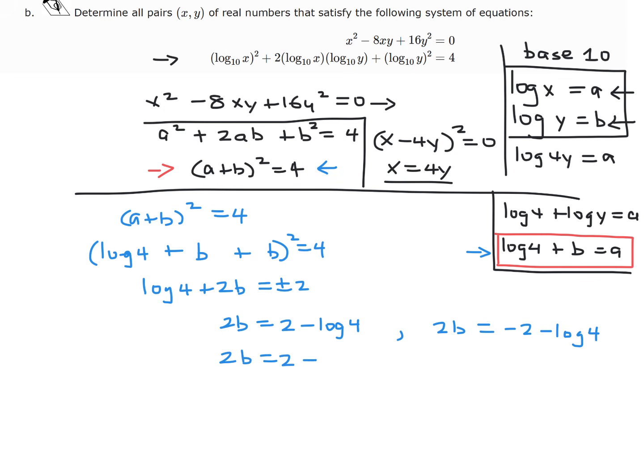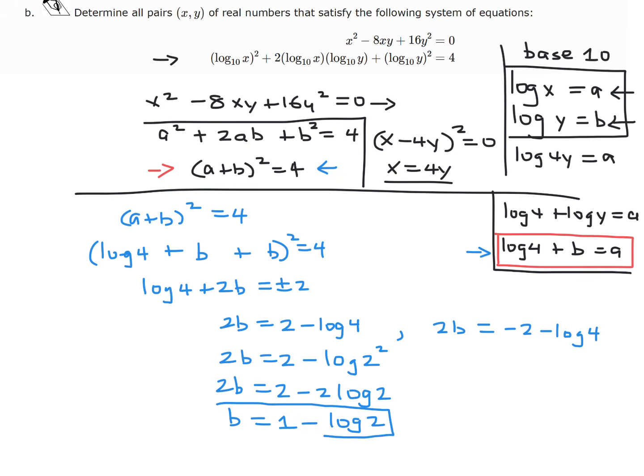Using log rules, the log of 4 is the log of 2 squared, correct? And then using log rules, you put the 2 out front. You guys remember that. And then you can just divide through by 2. And I think that's as far as we can get.